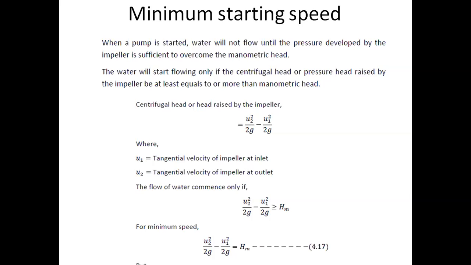The flow of water commences only if U2 square upon 2g minus U1 square upon 2g is greater than or equal to the manometric head. For minimum speed, U2 square upon 2g minus U1 square upon 2g equals the manometric head.